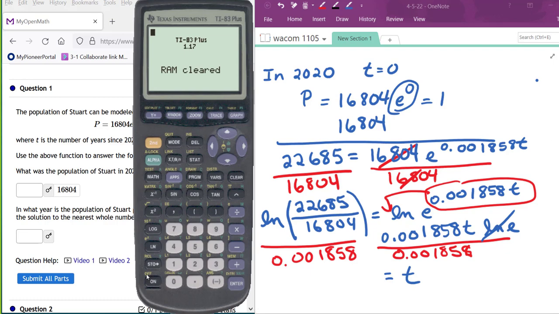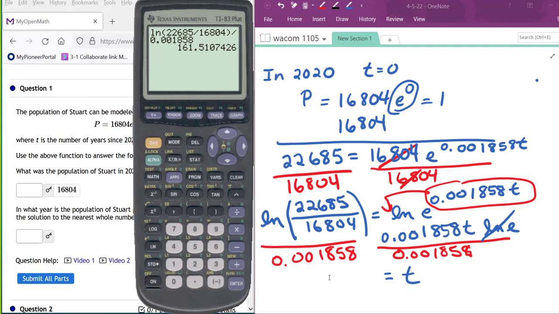And so we'll do natural log of 22,685 divided by 16,804, close parentheses, go ahead and do divided by 0.001858. Enter.